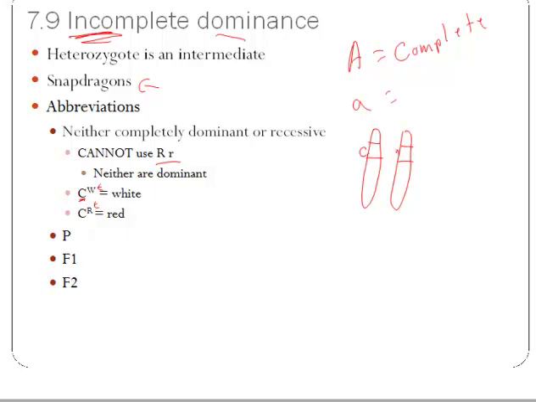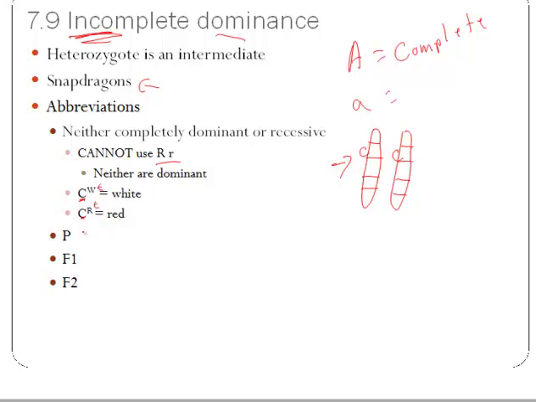So this is location C. If I just use two different letters, if I just use a W and an R, that means that they have to be at two different spots on the chromosome, and you need to do a big dihybrid square. But because that C puts them at the same location, it's just a monohybrid cross, so simple squares.